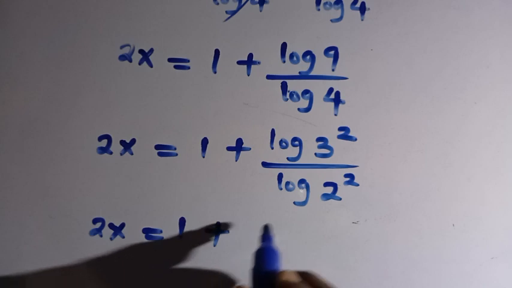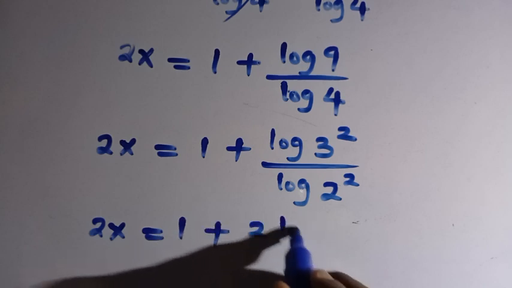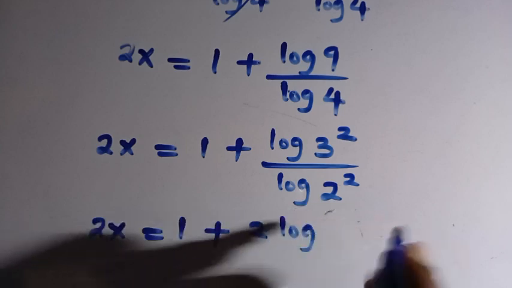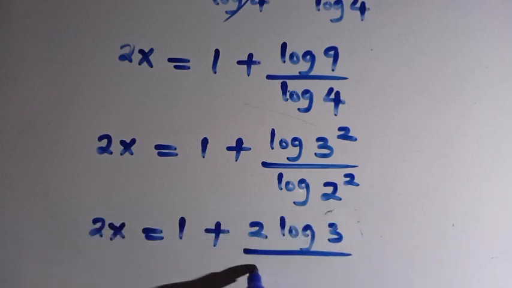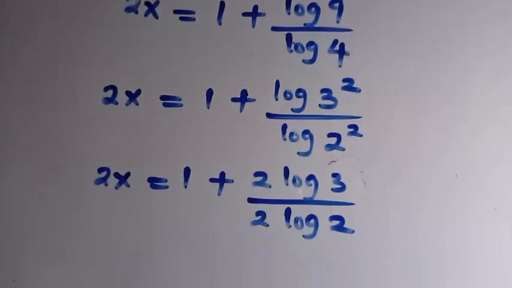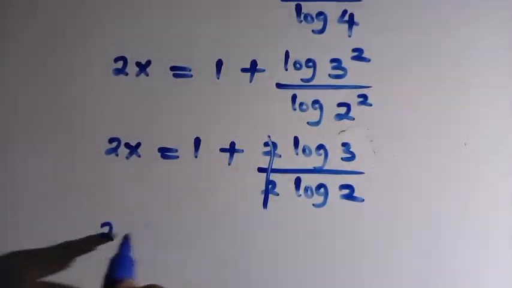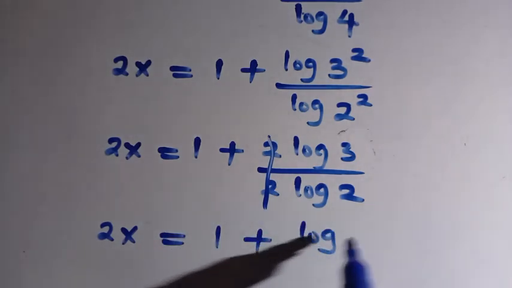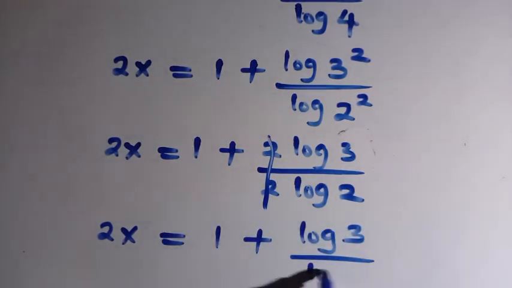Log of 3 power 2 we can call 2 log 3. We have 2 log 3 divided by 2 log 2. When 2 cancels 2, here becomes 2x equals 1 plus log 3 divided by log 2.